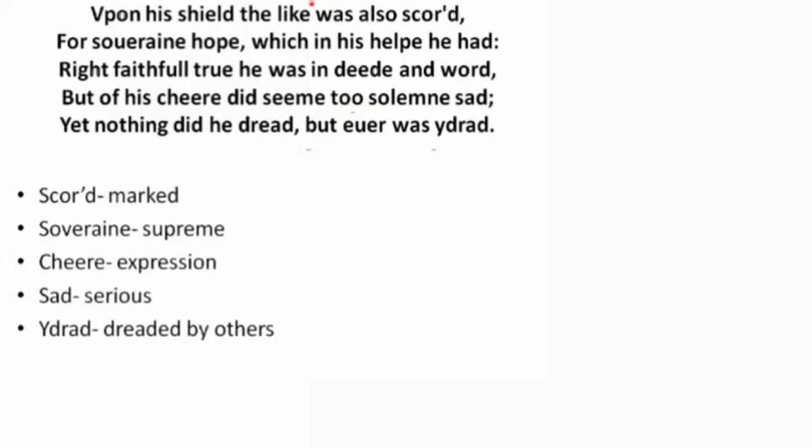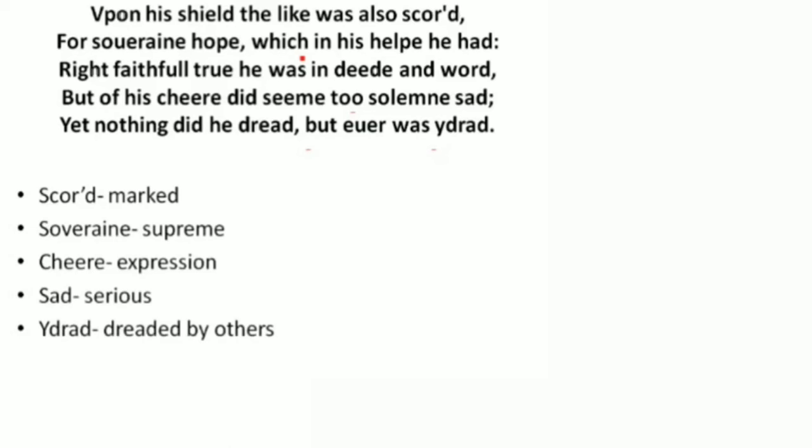And what was that mark? What was that symbolic of? For sovereign hope. He was in supreme hope that he has the help of his master, and that was the reason. It showed his hope, his expectation that since he is wearing that shield, so he will receive all the help and support of his master as when he was living in this world.